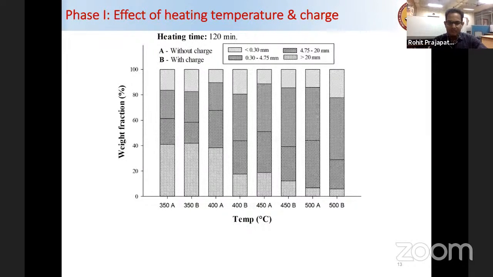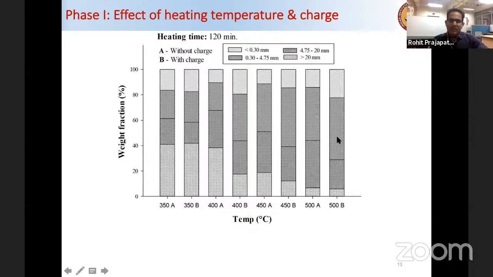So let us look at the first part where we have tried to look at the heating temperature and the charge. You can see that as the temperature was raised, the total yield of product increased. You can see that unprocessed material is going down here.